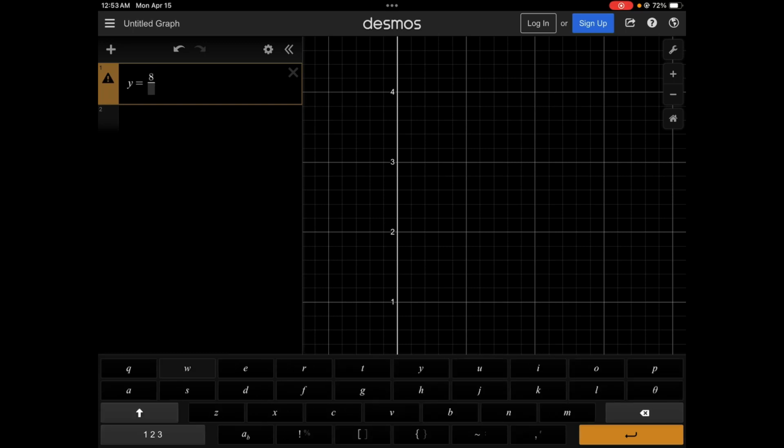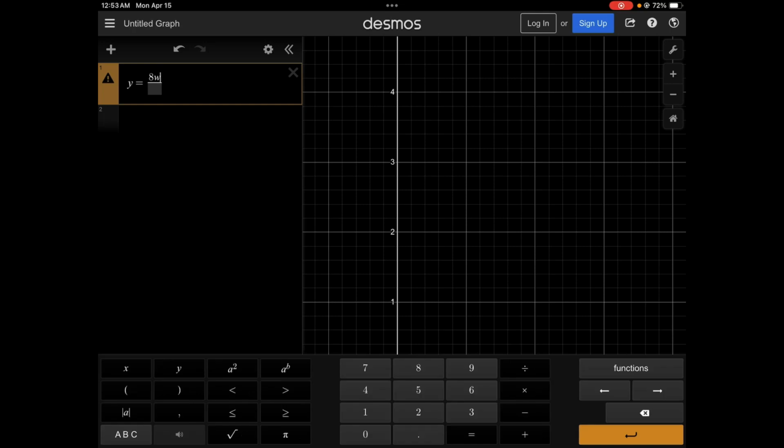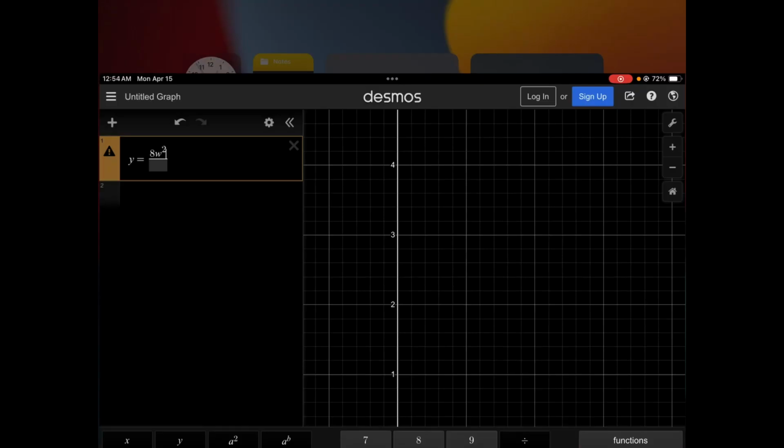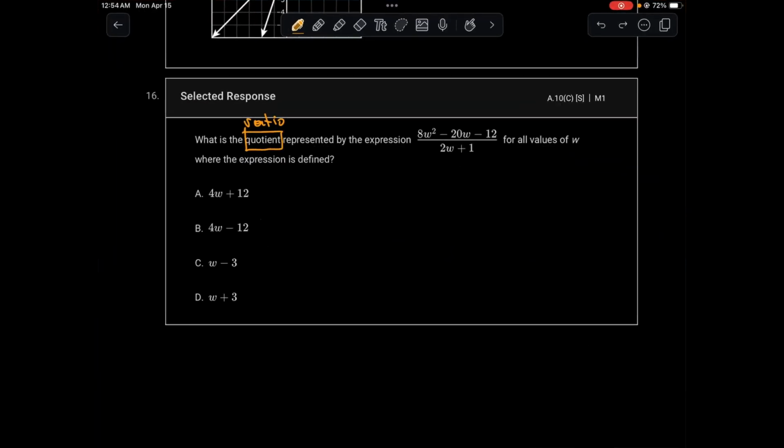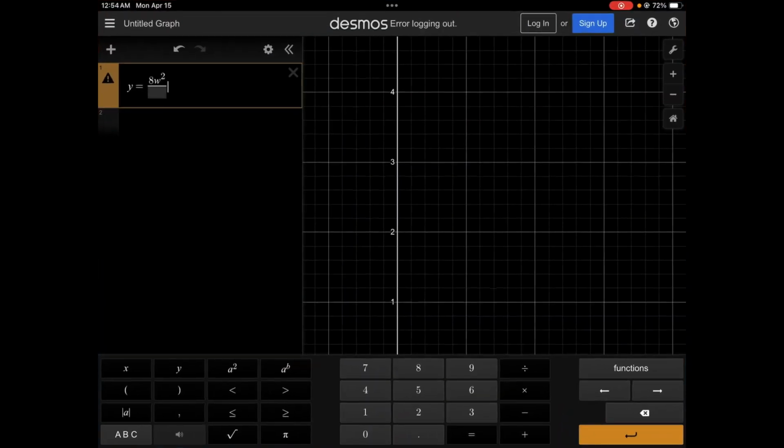And I'm going to use w to avoid making transfer errors. Otherwise, wherever it says w, you can just write x. Okay, but I don't have to do that. I'm just going to use what they gave me to avoid making little mistakes in transferring. So 8w squared minus 20w minus 12.